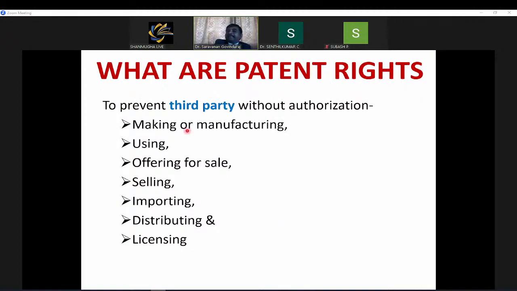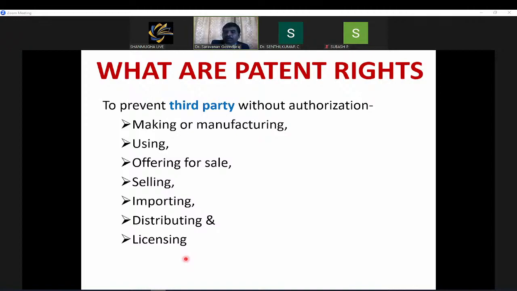So patent rights mean that a third party is not authorized to produce, use, sell, import, distribute or license. All these things are prevented if you have a patent.